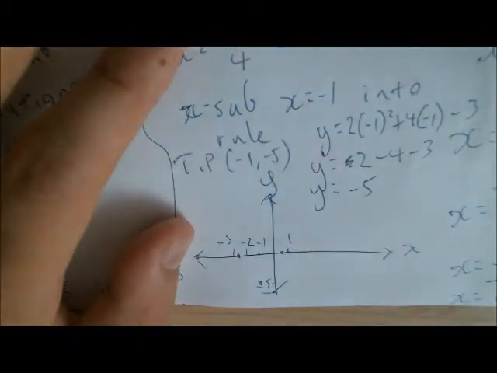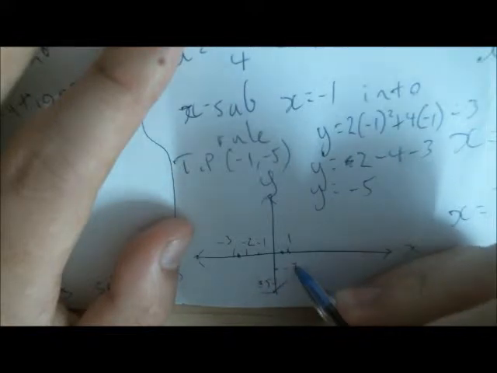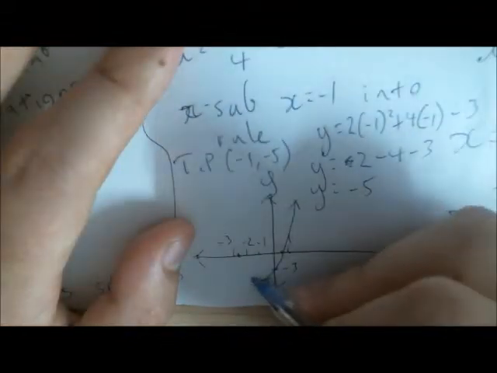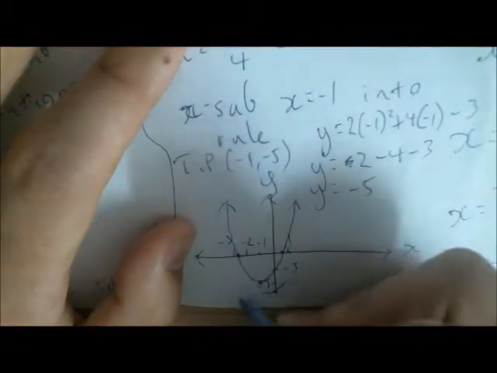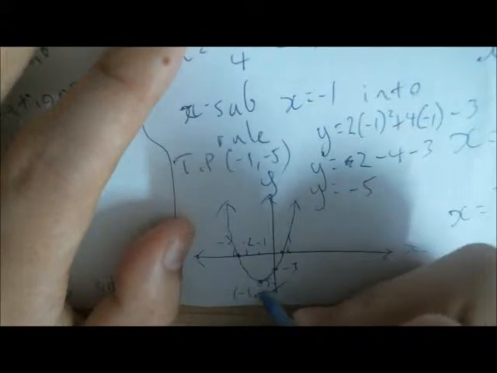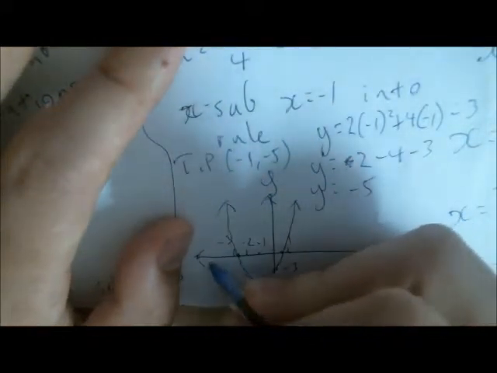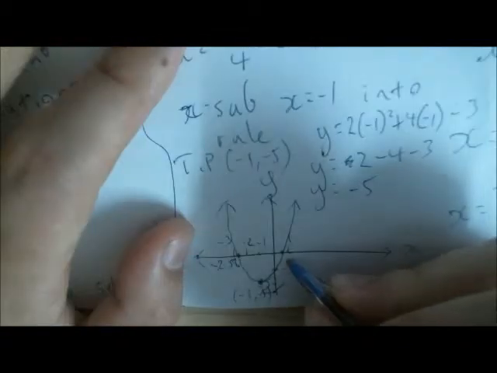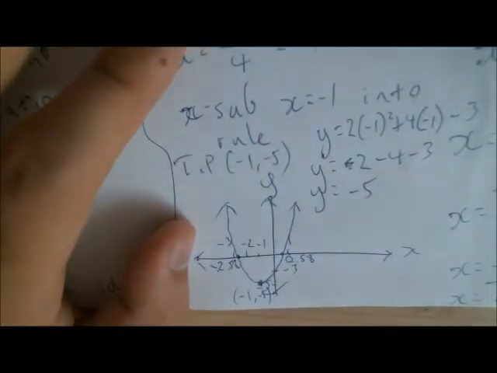Here's my turning point, and our y-intercept's at -3. So here's -3, and we're going like that. Make sure we label those points. So -1, -5 is this point. We'll say this is -2.58, and this is 0.58, and I've already labelled that as -3.